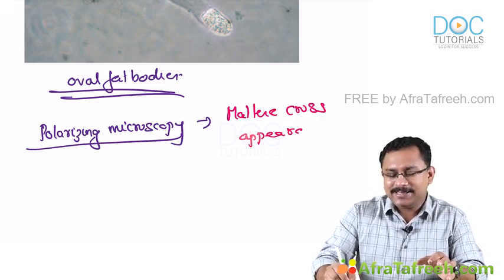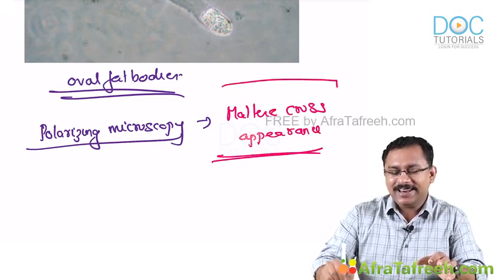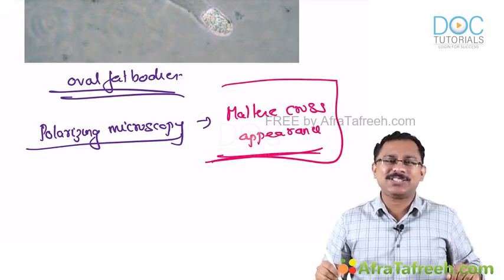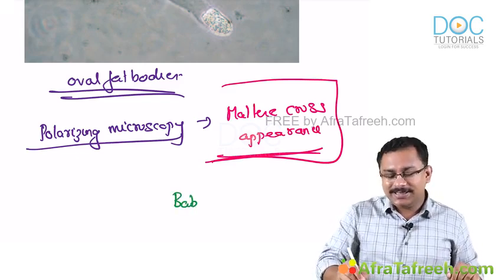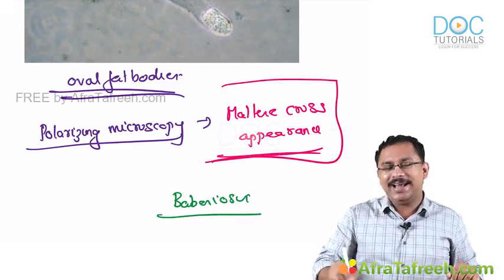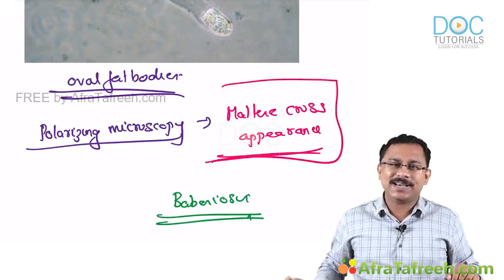I am sure that at least some of you would be thinking, where else have I heard this Maltese cross appearance? A similar appearance, even in babesiosis you can have a Maltese cross appearance.